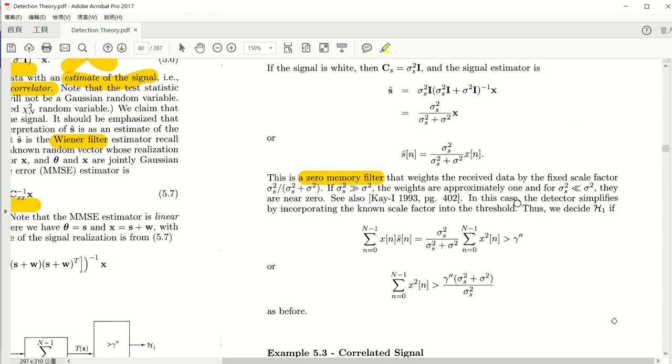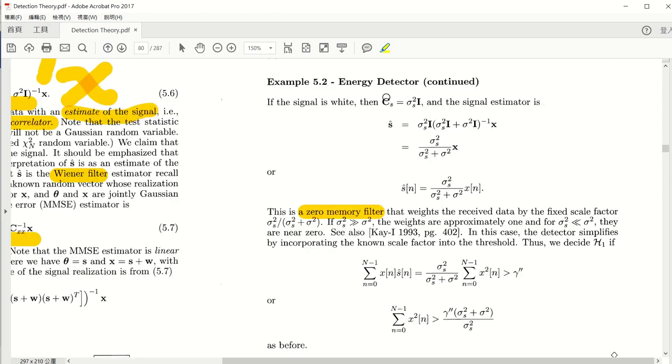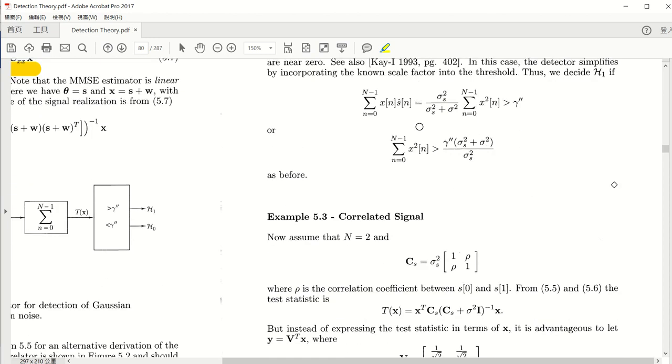And then in this case, the detector simplifies by incorporating the known scale factor into the threshold. We will decide H1 if this is larger than this, and then you put this on the right hand side, you get something like this. This is like example 5.1, right? It goes back to 5.1 if C is equal to this, then it's simple.